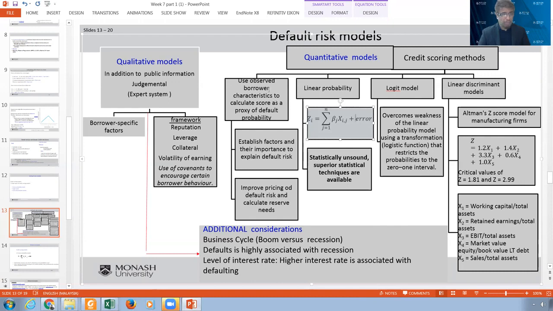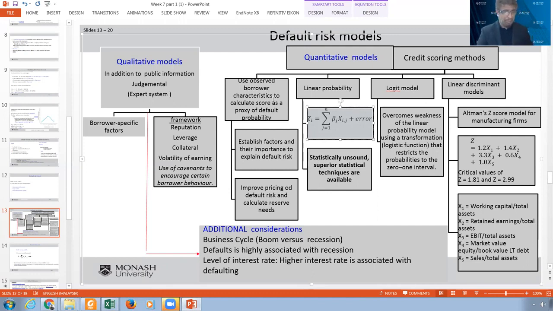In this model, we use the data to develop the model. We use observed borrower characteristics. If a borrower comes to us, we use the observed characteristics to calculate those scores and calculate a proxy of default probability, so we have a default probability benchmark.